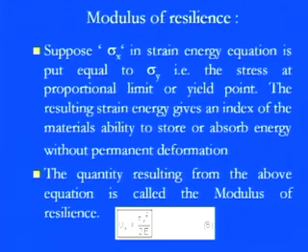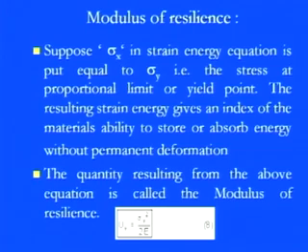The resulting strain energy gives an index of the material's ability to store or absorb energy without permanent deformation. That means we are now approaching the maximum value of strain up to the elastic limit. If you go beyond that, there is a chance of permanent deformation.